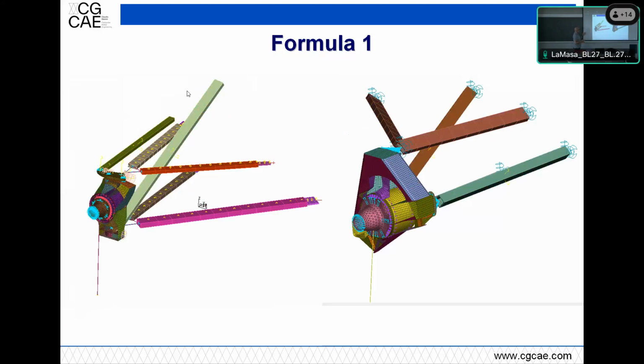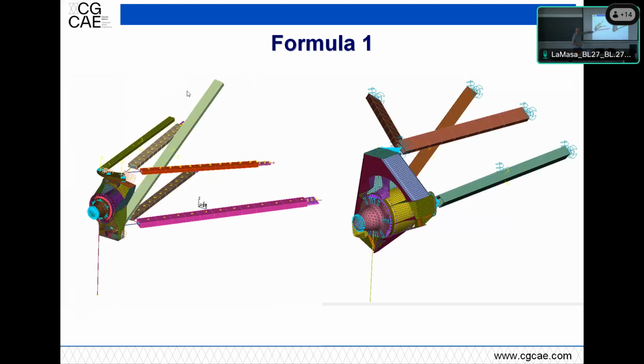But there is at least one other thing that a stress engineer has to fulfill, and that is stiffness or compliance. So minimize or maximize compliance or stiffness depending on what the part is. Here we are looking at, again, very old models of the front suspension and the rear suspension.